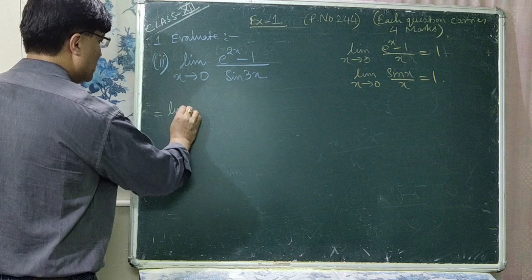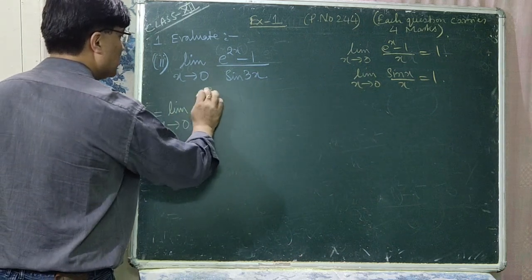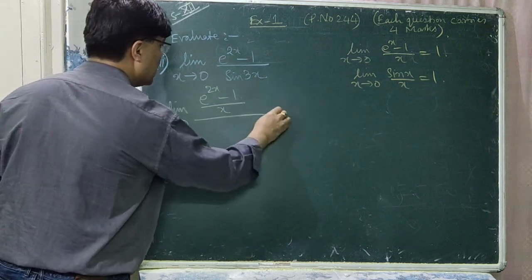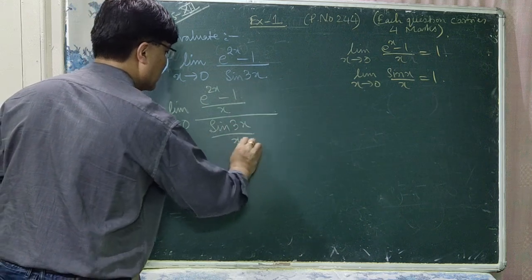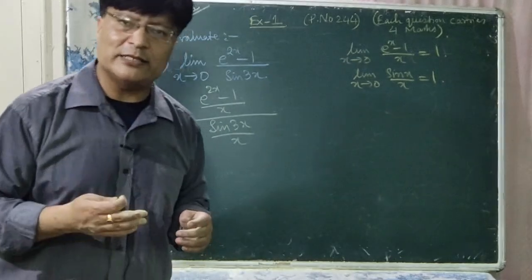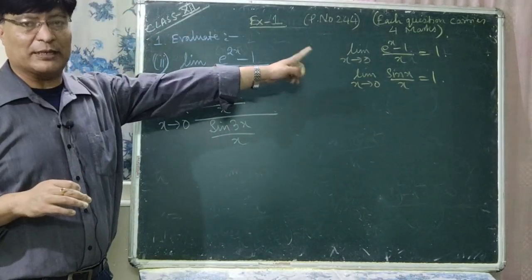So this is equal to limit x tends to 0, (e to the power 2x minus 1) divided by x, divided by sin 3x divided by x. So we are dividing both the numerator and the denominator by x to convert them into standard limit.